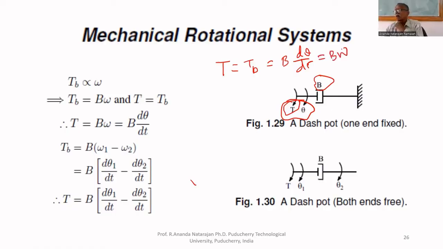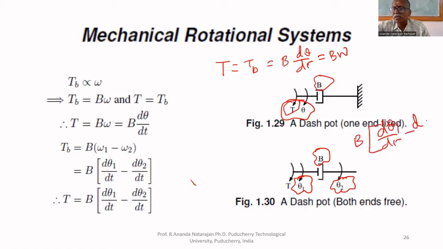If both ends are free, one end has a displacement of theta 1, the other end has a displacement of theta 2. The dashpot constant is B. Therefore, B times d theta 1 by dt minus d theta 2 by dt. Why is theta 1 taken as positive?